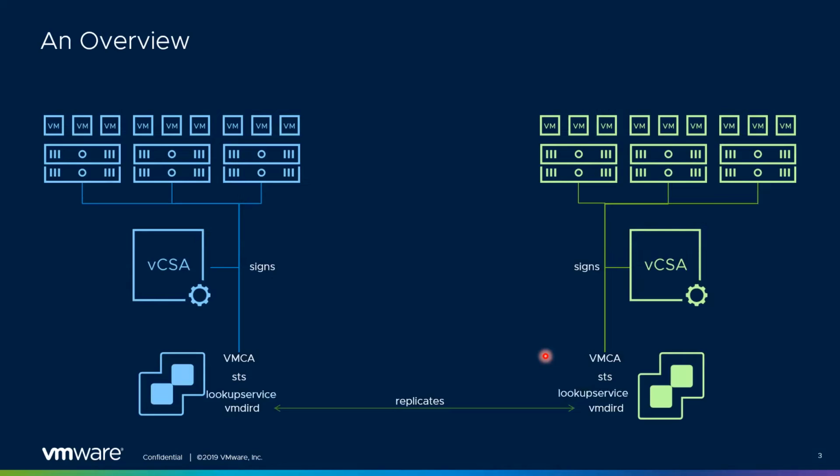And then we have the lookup service. The lookup service is one part of the platform services controller, also replicated between all PSCs, and it contains information about, when I want to talk to this endpoint, or when I want to sign a new single sign-on token, what certificate should I expect if I go to this URL?